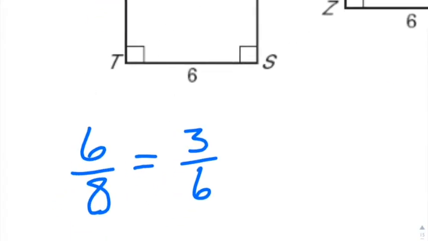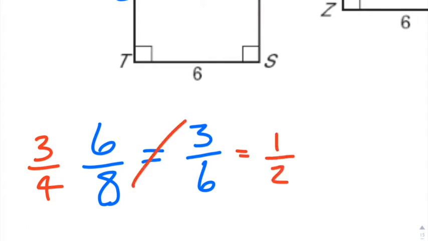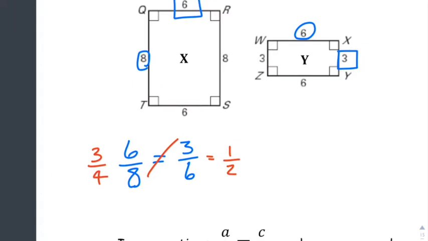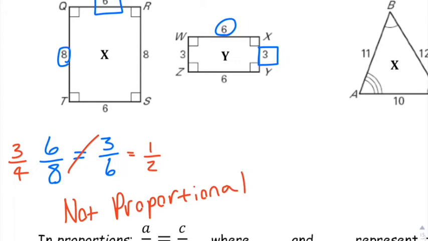The 6 over 8 reduces down to 3/4, but the 3 over 6 reduces to 1/2. These are not equal, so the sides are not proportional, therefore we can't write a similarity statement. That's because the fractions right here are not the same.